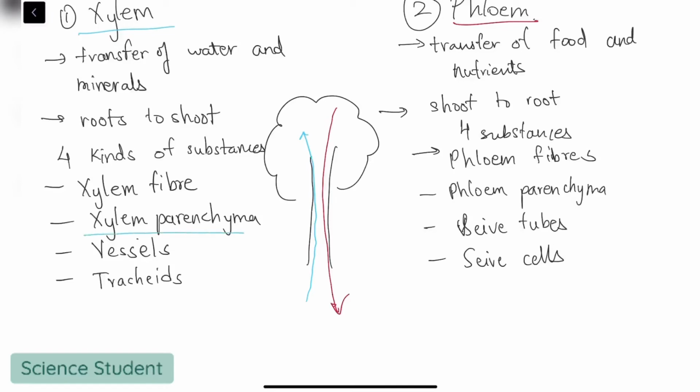Okay, so in xylem, only xylem parenchyma is living, rest all are dead tissues.